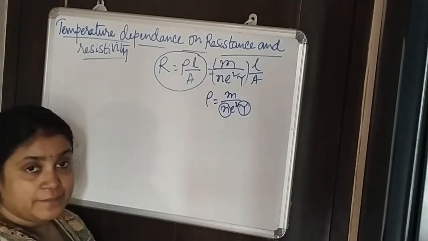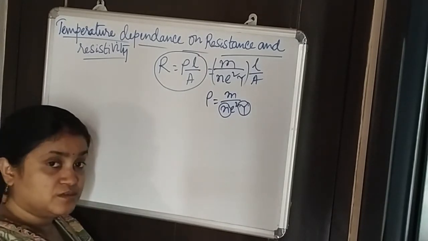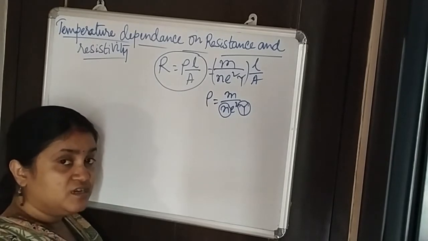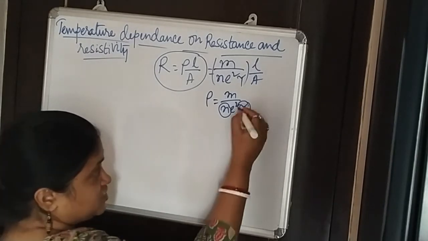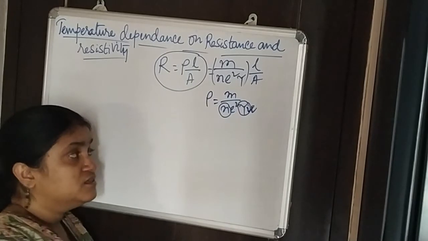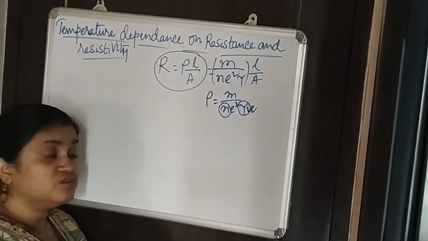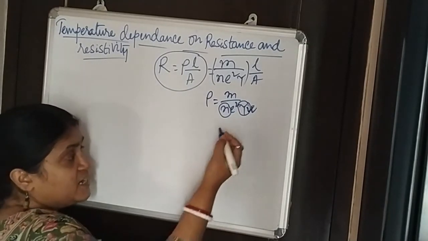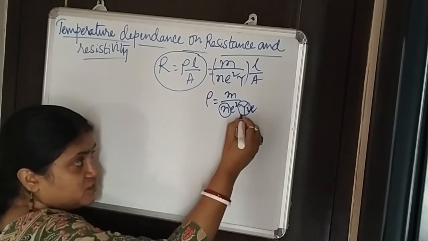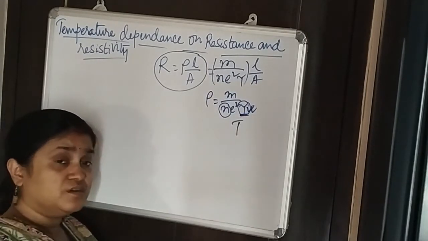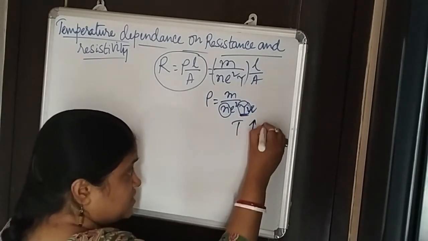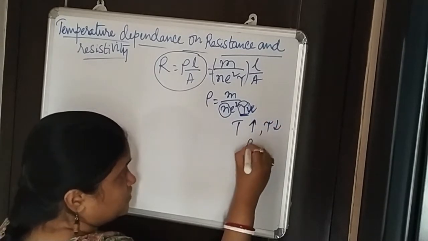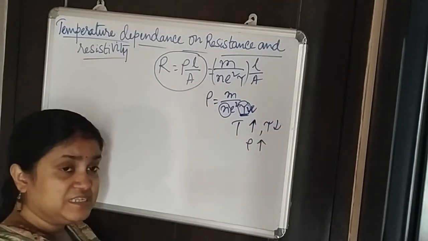In general metals or conductors, the relaxation time would decrease as the temperature increases. So as you give temperature, the relaxation time decreases, tau starts to decrease, and therefore rho starts to increase.